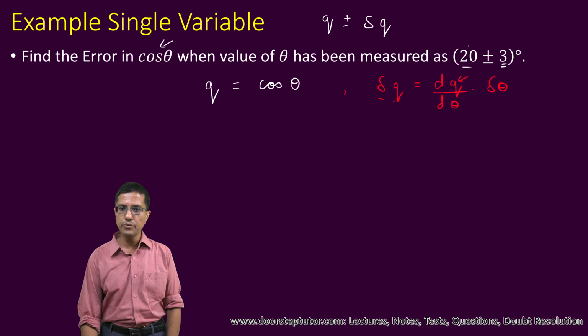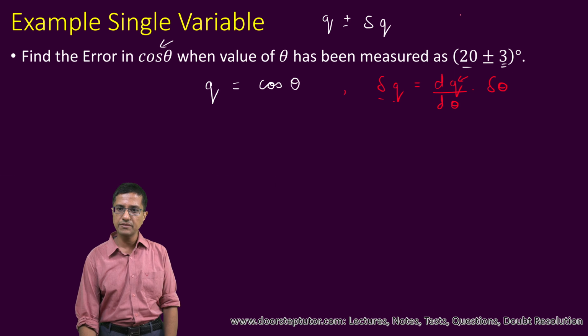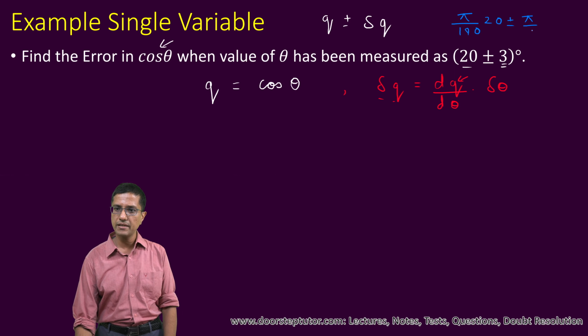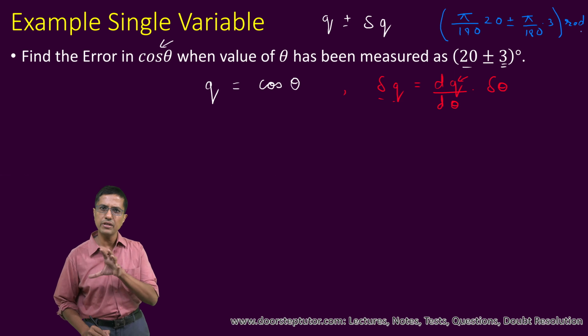So first thing we do is convert this into radians, which is of course very simple. It is not very difficult. So we write it as 20 plus minus pi by 180 into 3, and this now is of course in radians. Nothing difficult, that's what we have done.